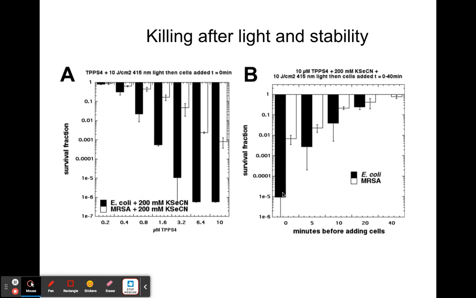And if you put them in at different times after the light, you see that the cytotoxic species you've generated slowly decays, and it decays over about 20 minutes. So whatever you're making that's killing the cells has some stability, but not infinite stability.